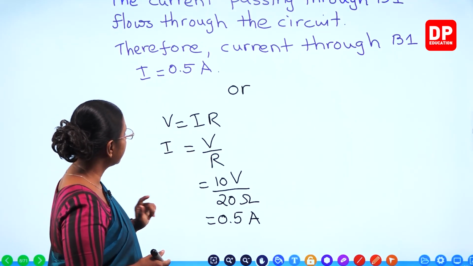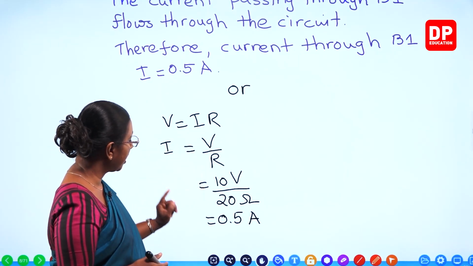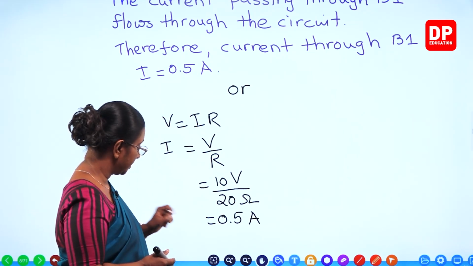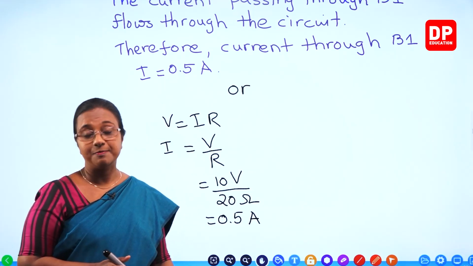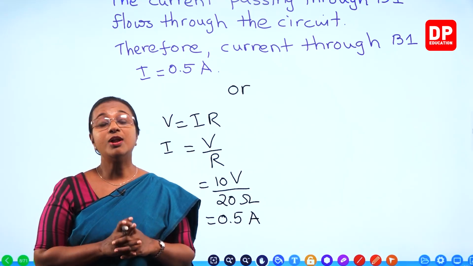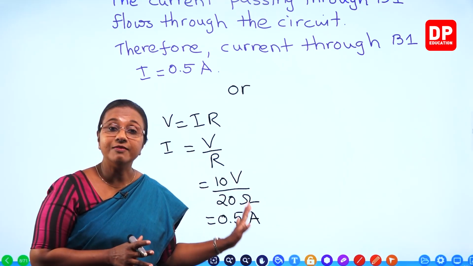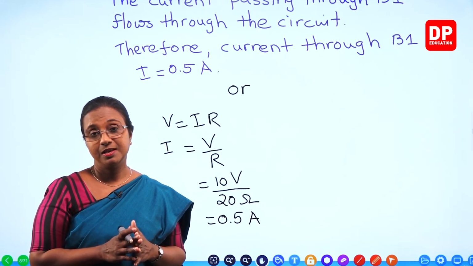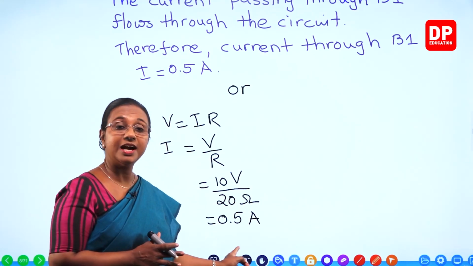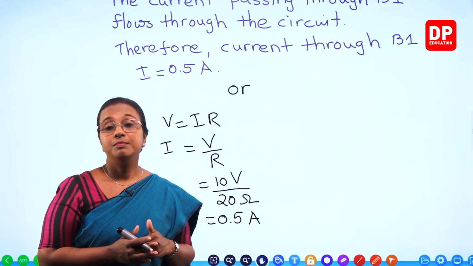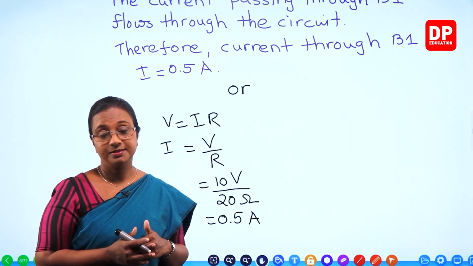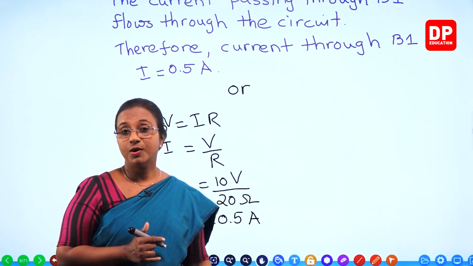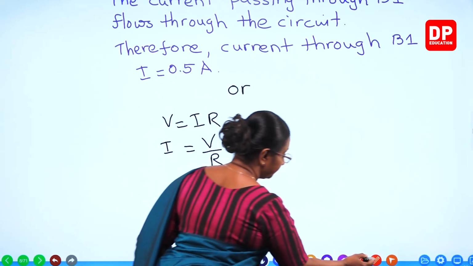V equals IR, I is equal to V over R, that is 10 volts divided by 20 ohms. That is 0.5 amperes. But you all have to remember, whatever method you use, the answer will be the same, because there is only one current that can flow through B1. So with that, students, we will move on to the next question.